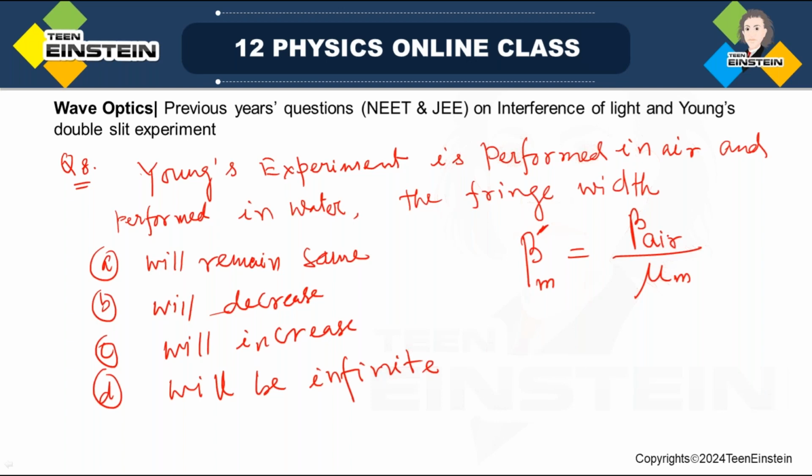In case of water it is 1.33, somewhat like that. Since it is greater than 1, obviously the fringe width will decrease. It will never remain the same.